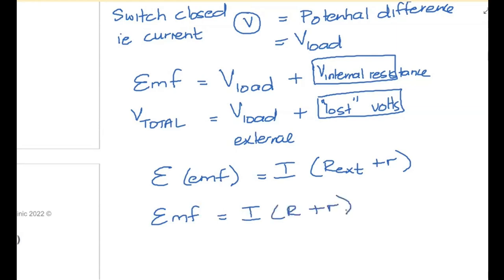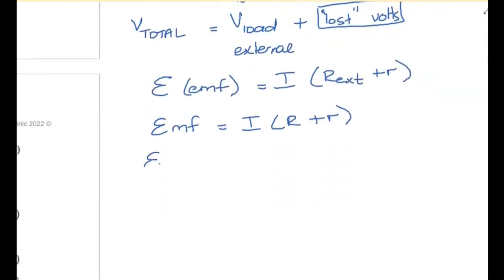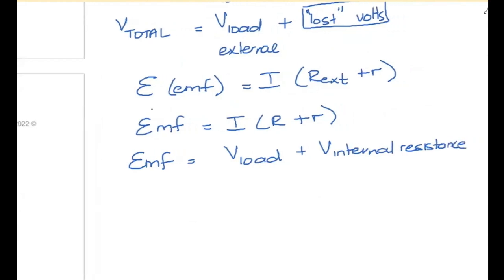So you get that one, and they very kindly tell you the relationship between that formula and the lost volts and the V load. So this is what you get on the IEB. These two are the IEB formulas, and then this one is the DBE, and this is the IEB.